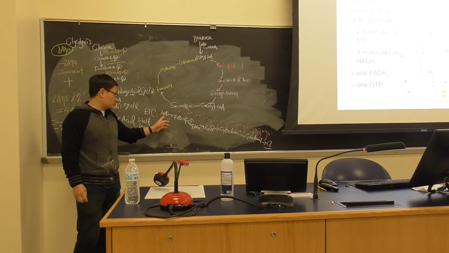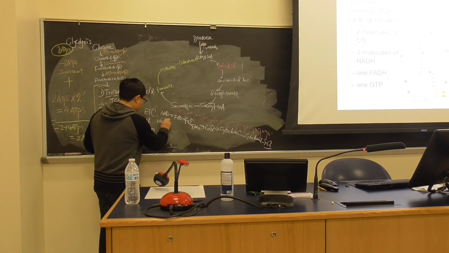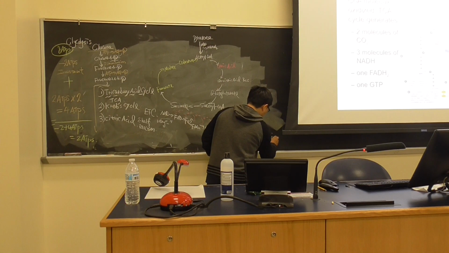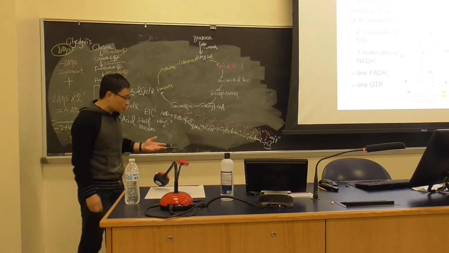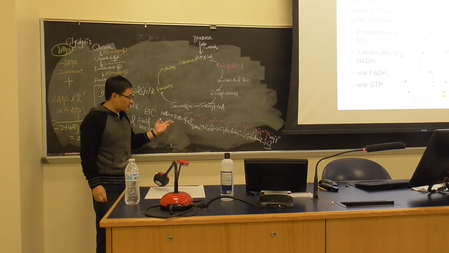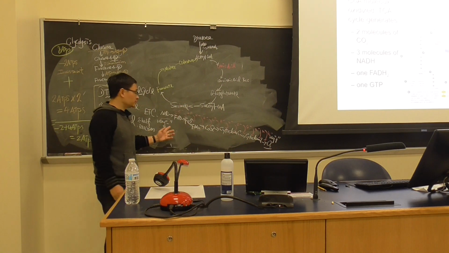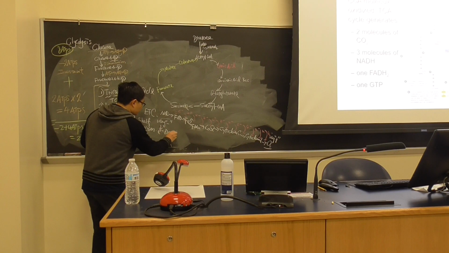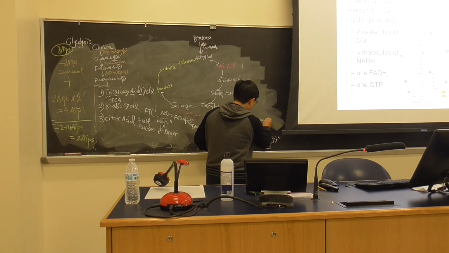And we find that NAD's voltage value is very negative, and the oxygen is very positive. The electron is always transferred from a negative value chemical to a positive value chemical, because the more negative, the more it is an electron donor, and the more positive, the more it is an electron acceptor.